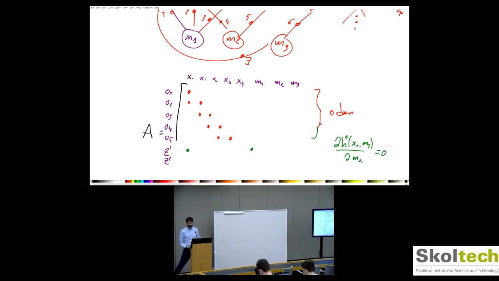There's no m2 here. You're not observing m2. How can you say anything with this observation about the other landmark? We know that eventually these things are going to be correlated. But just with this observation, assuming that these variables are just numbers to estimate and not distributions, this is the only thing we can say. The derivative here is 0, so that's why you add it here as 0.